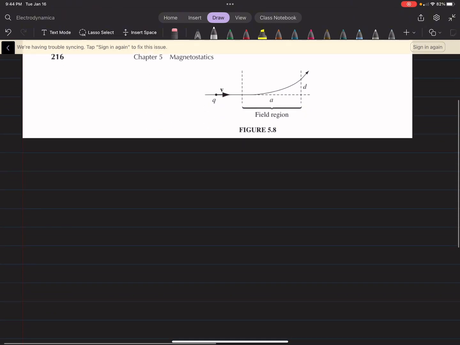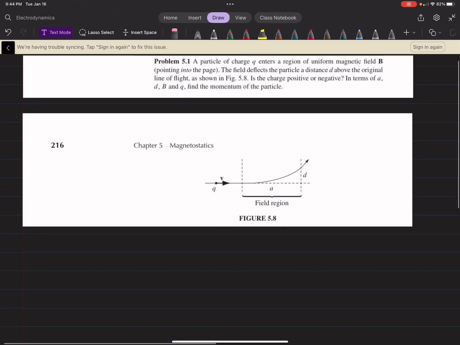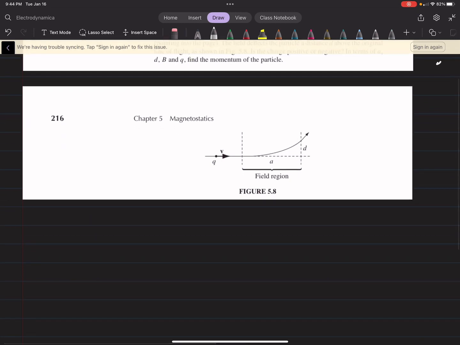So what we're going to want to look at here is our force is equal to Q V cross B. Okay, that's our force law.